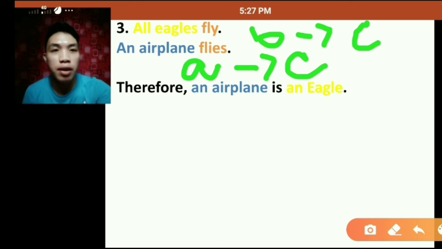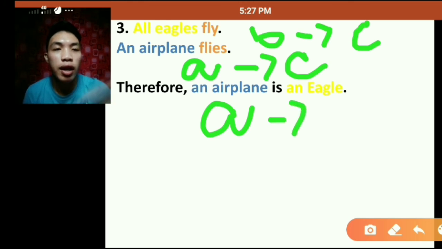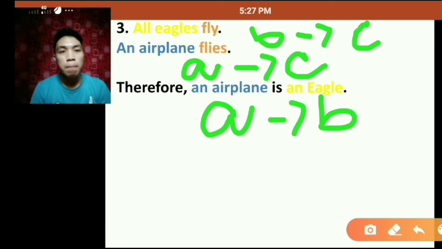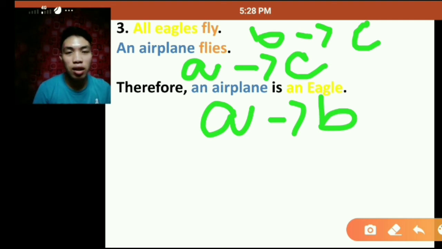Our conclusion is that therefore an airplane is an eagle. An airplane is A and letter B. If we can see, the format is being cheated by this example. So it means that it did not pass through the first criteria.